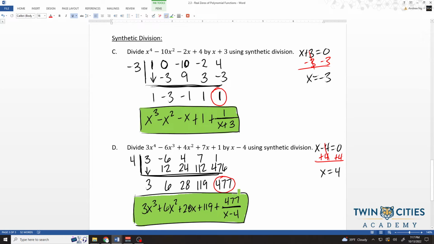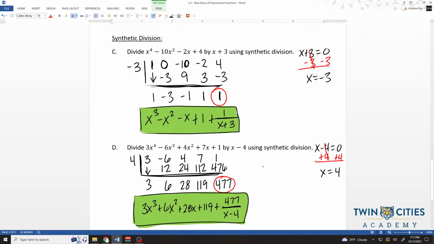Now there's something else that we can actually use synthetic division for. You'll notice that I put a circle around my remainder in both of these cases. That wasn't just to make sure that I recognize that that's my remainder and write it as, in this case, 1 over x plus 3, or in this case, 477 over x minus 4.